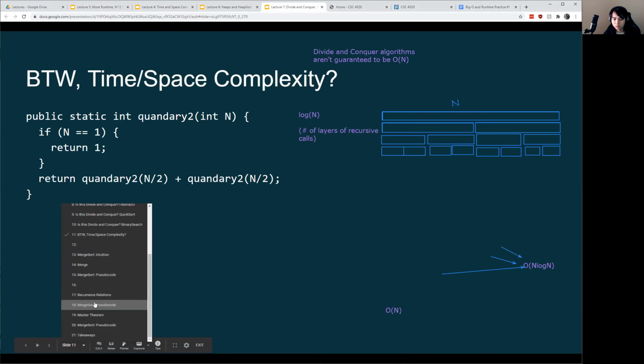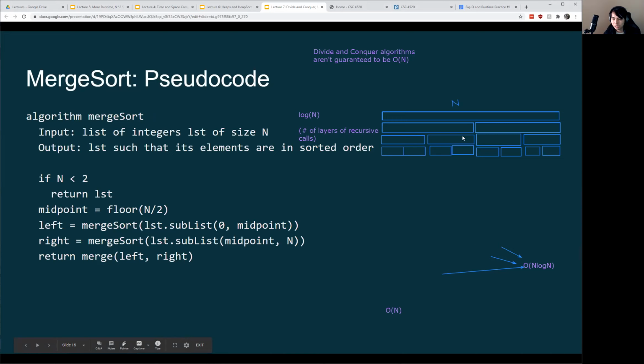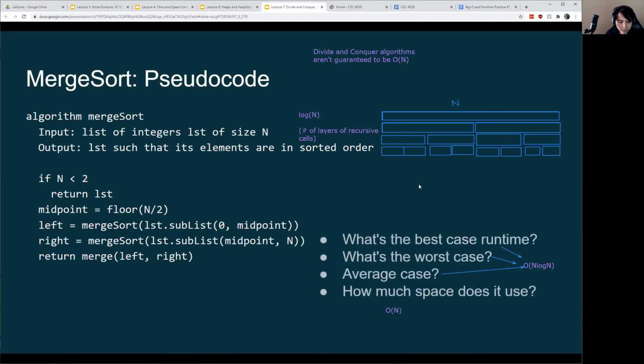and apply it to merge sort here, then you'll know that there's only one recursive call that will remember it at any point in time on the top level, one recursive call that will keep track of the list when the list is n over 2, one recursive call that keeps track of the list when the list is n over 4, and one recursive call that keeps track of the list when it's n over 8 in the worst case.